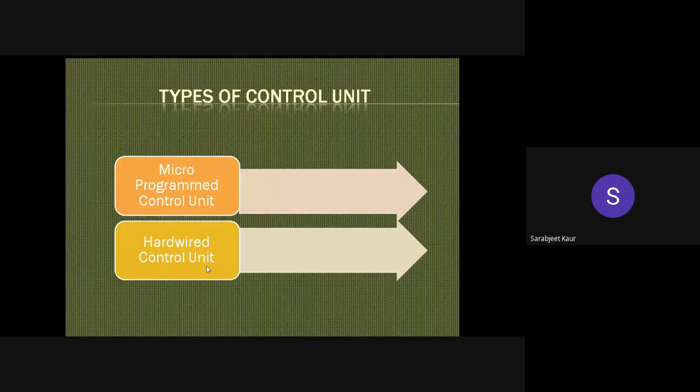Okay, we directly have to change the wires or the circuit to do any kind of change in this control unit. So this is an obvious disadvantage of this control unit, that it is not very flexible to change. But the advantage is that it is very fast.